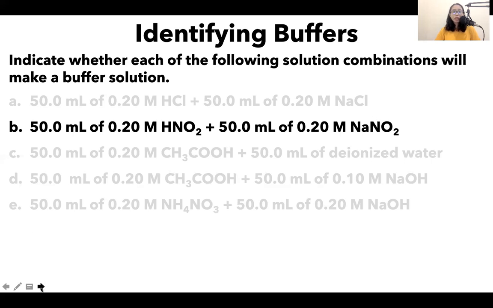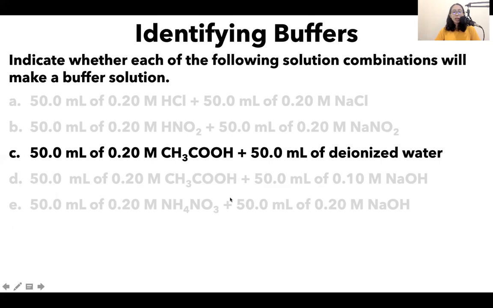Let's go to letter C. 50 ml of 0.2 molar acetic acid plus 50 ml of deionized water. Mixing these two will not give you a buffer. It will only give you a diluted solution of acetic acid. In fact, what you will end up with is 100 ml of 0.1 molar acetic acid solution.